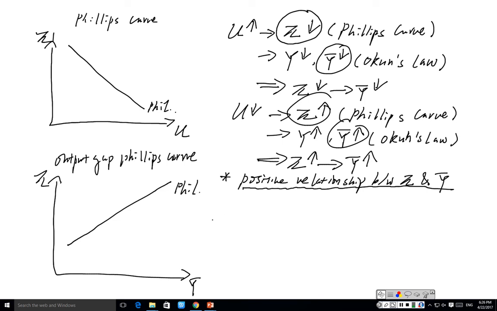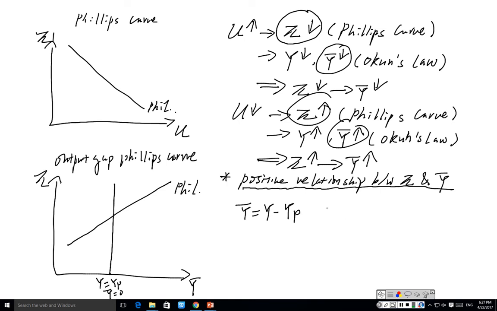And if we add one more curve here, the potential GDP. When the potential GDP equals the real GDP, the output gap Y bar is 0. You remember, the Y bar output gap is defined as real GDP Y minus potential GDP YP.